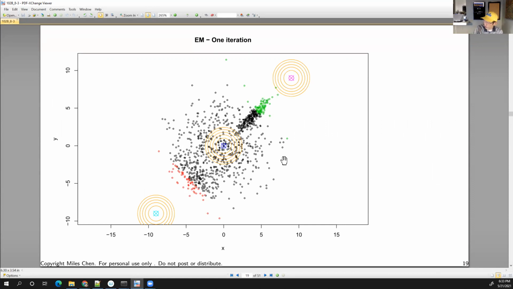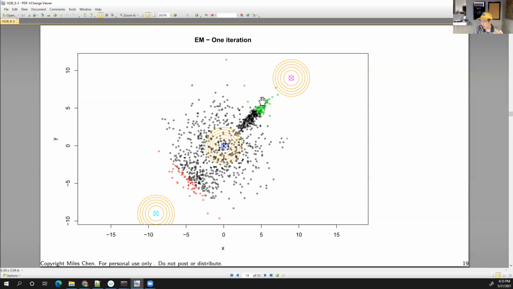But so we start off here. And then we look at this and say, based on the points that have been assigned to green, and again, probabilistically assigned to green, what is the new centroid of all of the green points? We are considering anything that is probabilistically assigned to green, which is going to include these points out here as well.